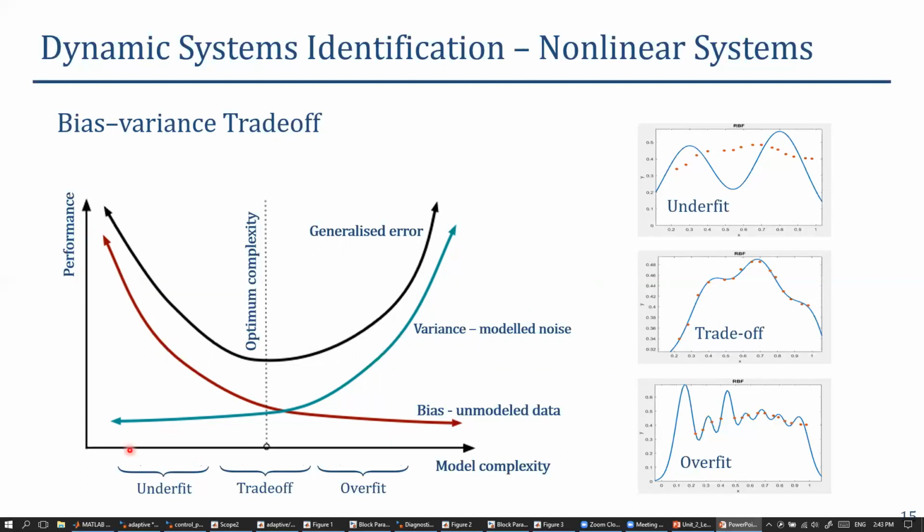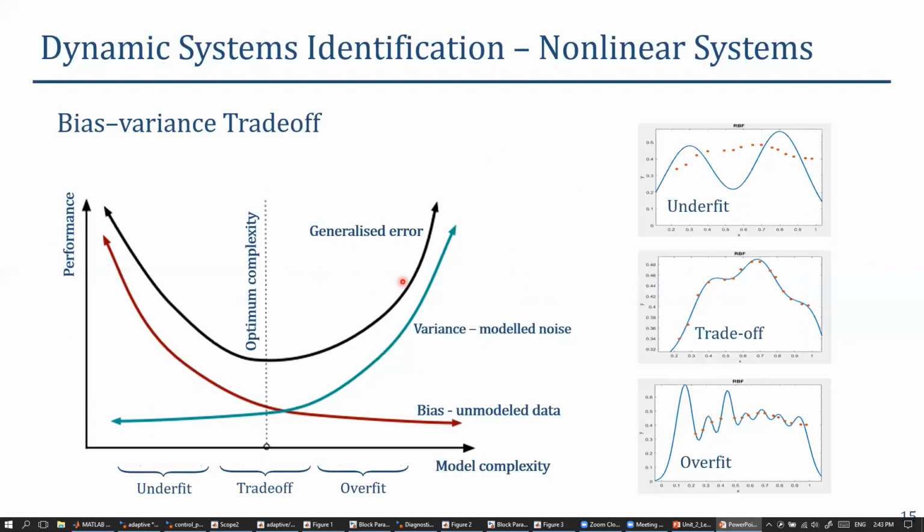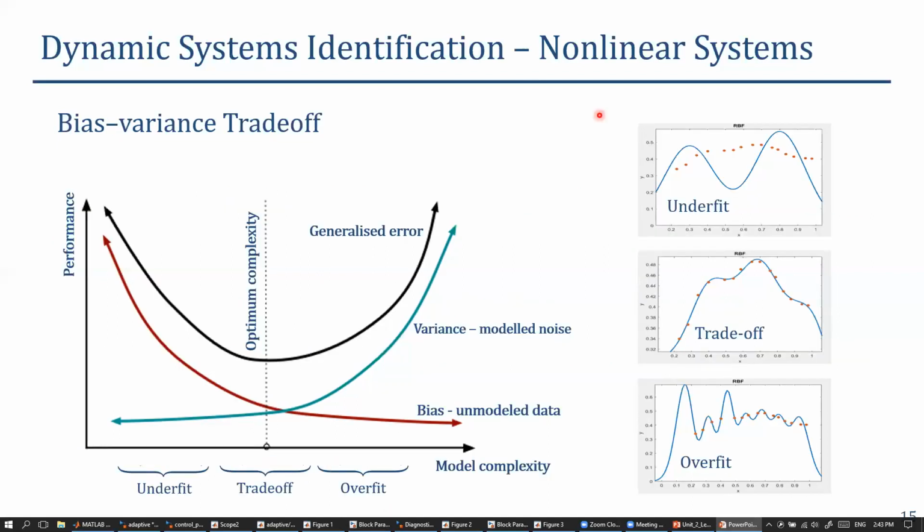And when the model complexity is higher, the variance gets bigger, right? And these are now the parts of the generalized error: bias and variance, and this is called the bias-variance trade-off. So if our model is not complex enough, we get a model which is not able to fit the data properly, and this is called underfit.